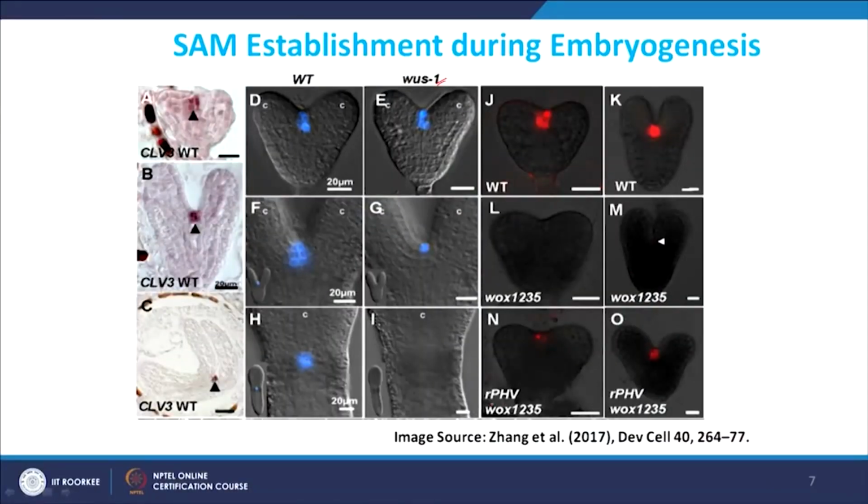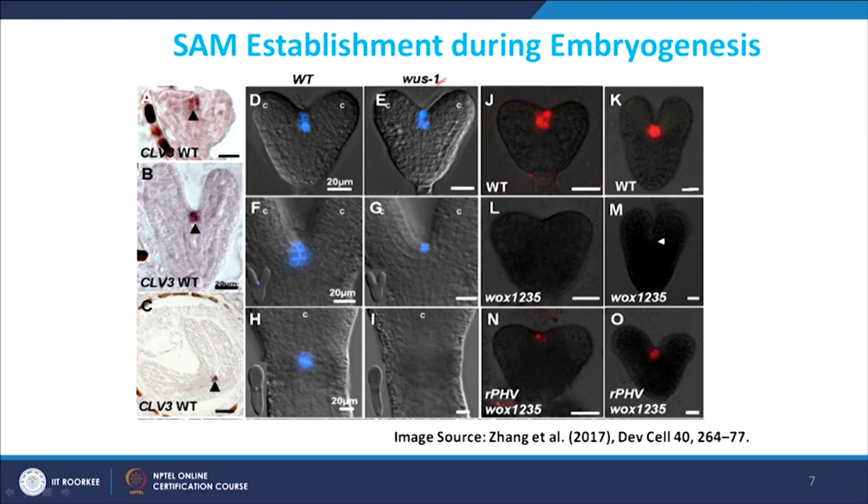But when you put in FABULOSA, if you recall, in some of the previous classes we have discussed it a little bit. This is a class of homeobox domain containing transcription factor, and it is regulated by microRNA. This version is resistant to the microRNA.